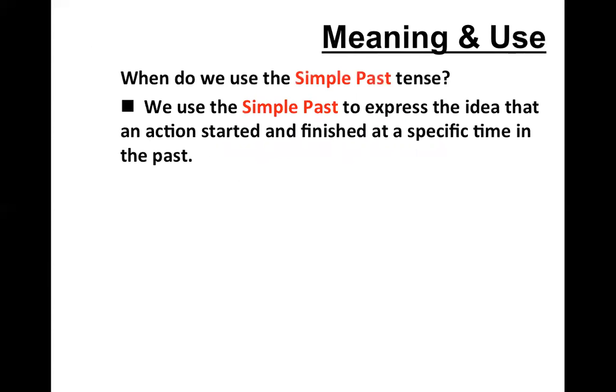For example, I took a shower. I did that in the morning, but not at this moment. So that finished. I did that in the past, at a specific time in the past. Start and finish at a specific time.